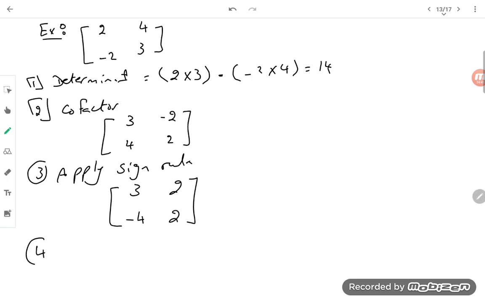Step number 4, adjoint matrix. It will be 3, 2, -4, and 2.